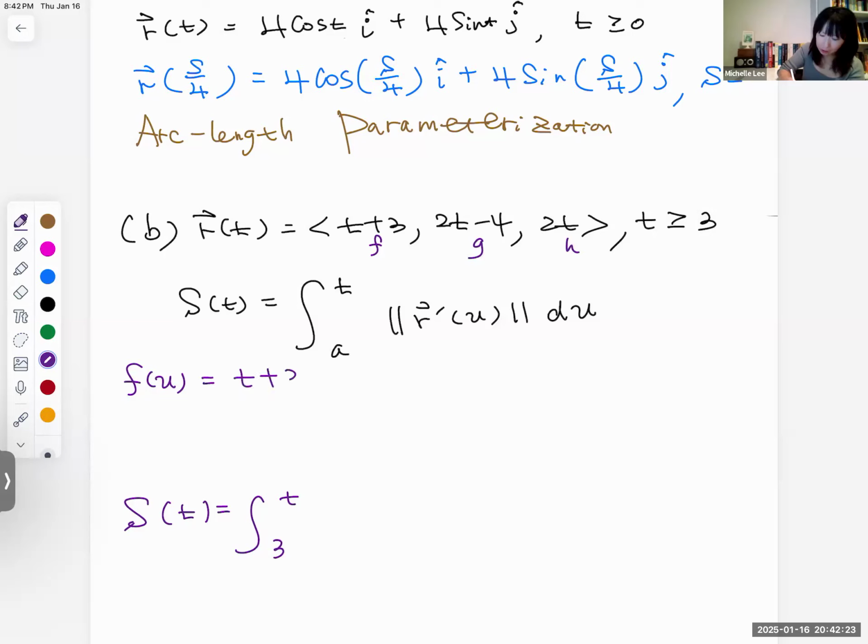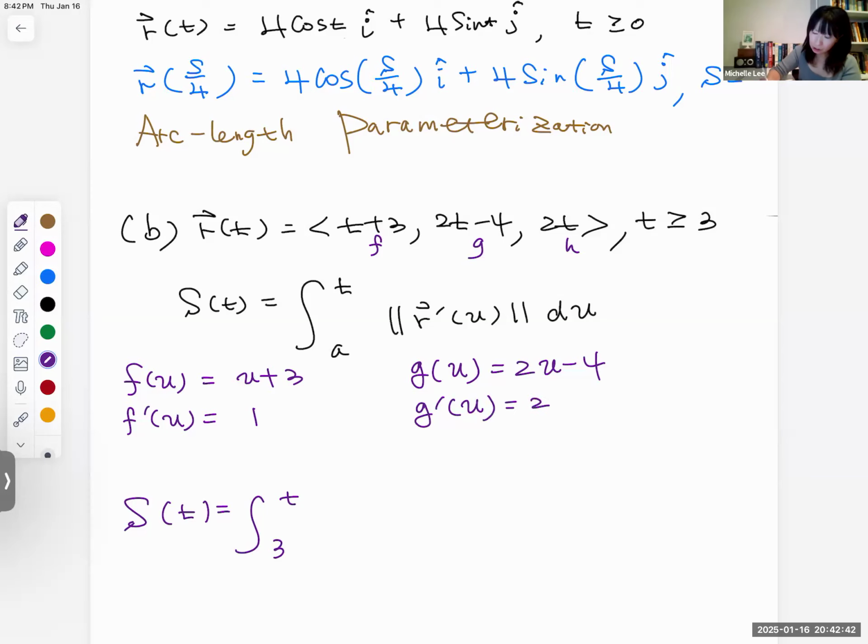So u plus 3, f prime of u is 1. And g of u is 2u minus 4, so g prime of u is 2.